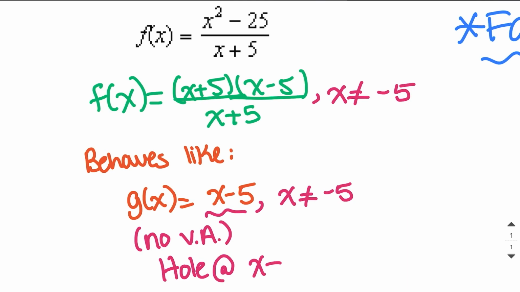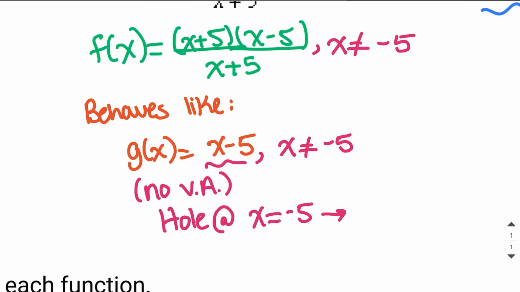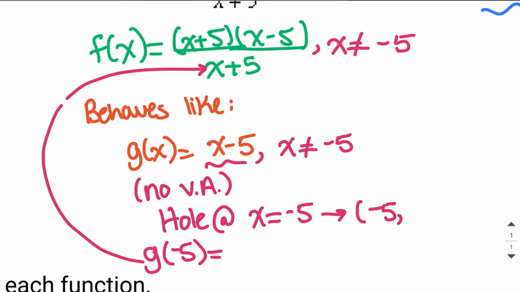But we have to write this out as a coordinate. So how do we find out what the coordinate is going to be? Well, we know the x value is negative 5, but to find the y value, we plug in negative 5 into g of x. We cannot plug this into f of x because if I do, then I would get an undefined value, which happens because we have a hole there.